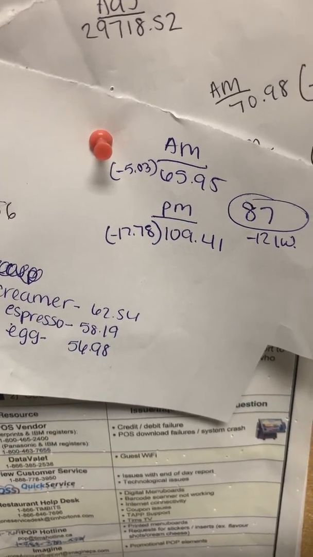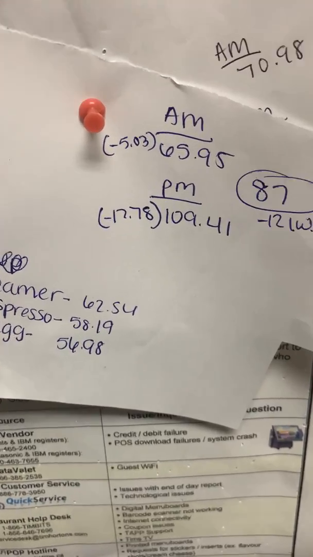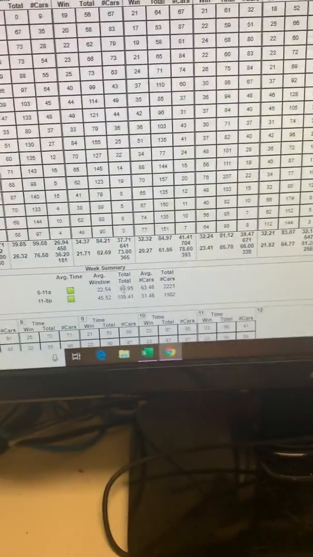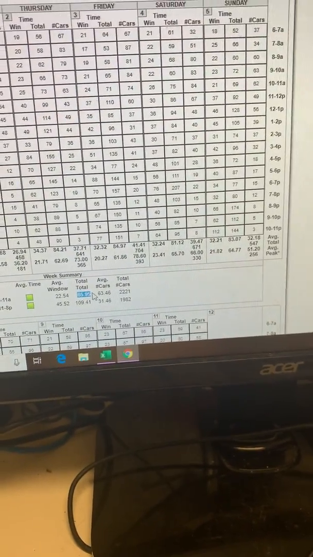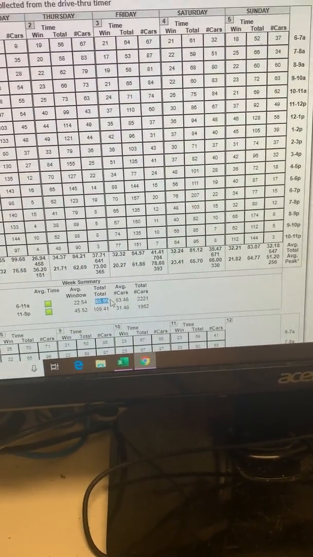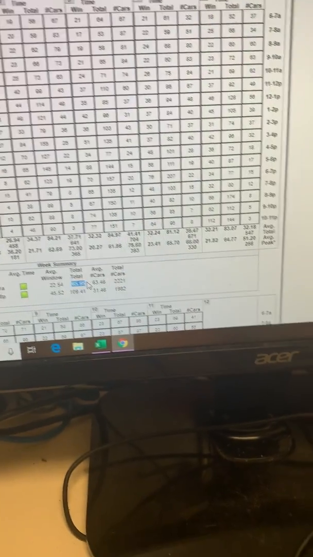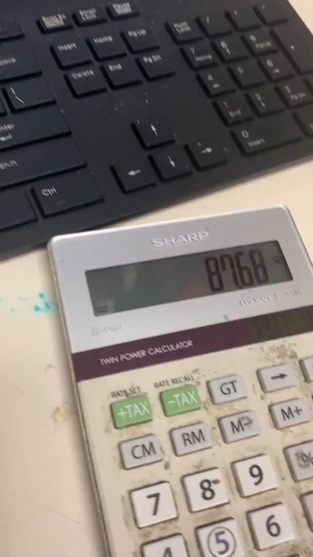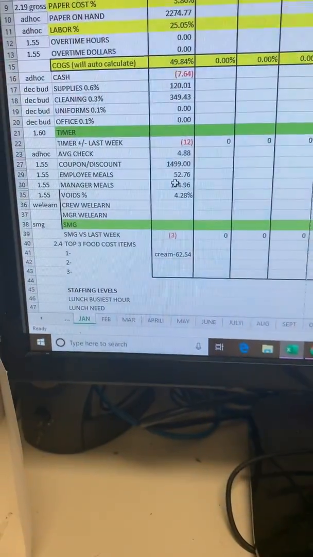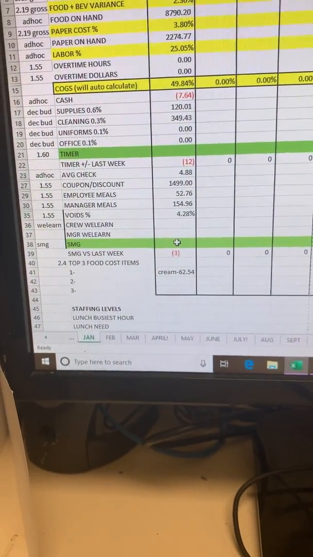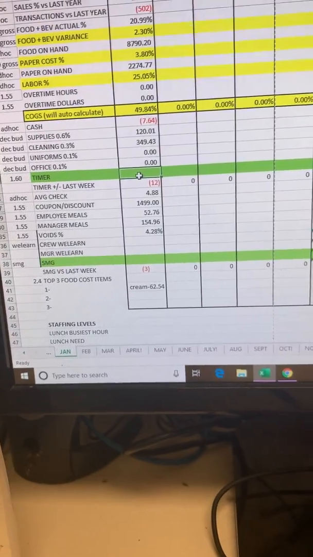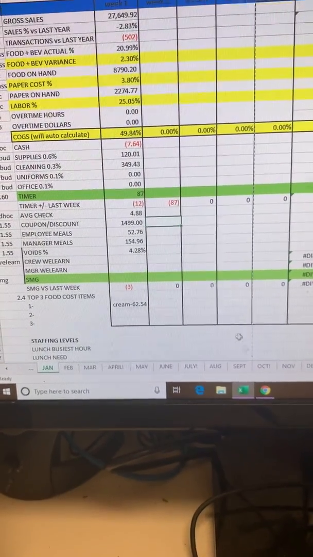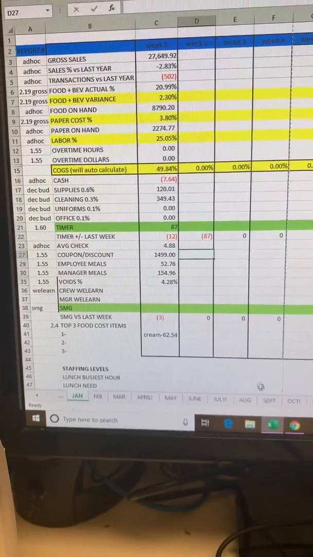PM timers, they came down almost 18 seconds, so that was huge. You take those two totals. So we take the 65, 95, and the 109.41 to get that number, and you divide it by 2 to get your overall timer. And that's pretty much all you do.